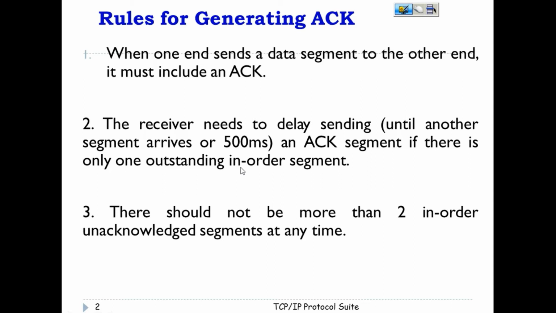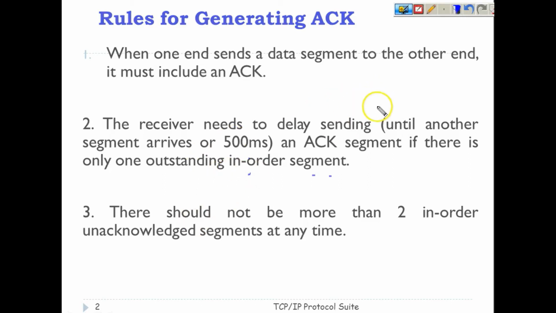What does it mean? As per rule 2, in this scenario, this is the sender and this is the receiver. If something is delivered to this end, there is no need to immediately send an acknowledgement, but it has to wait for 500 milliseconds and then deliver the acknowledgement. This is rule number 2.